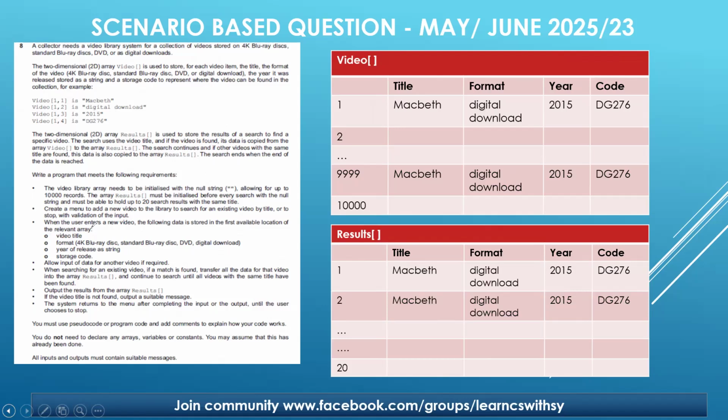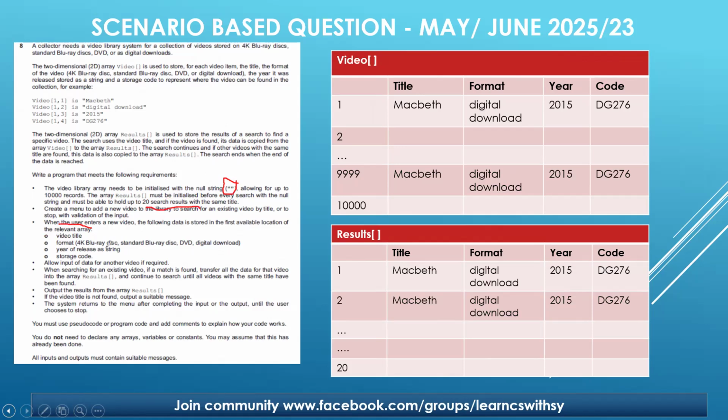The relevant array is here. Beside this, 20 search results with the same title. Now, this is initialized with this is your initializing string. So I have highlighted all this to make you comprehend.